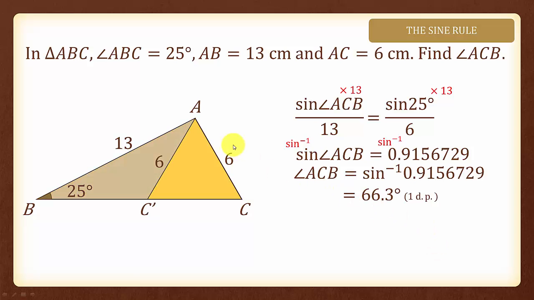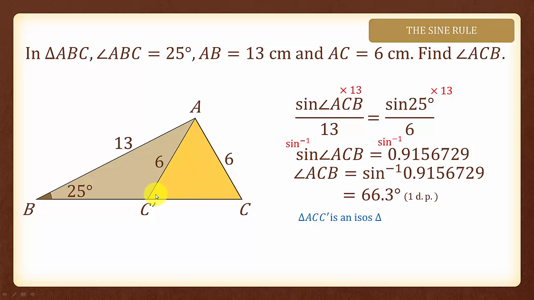Now, let's look at another triangle AC'B, whereby the angle ABC is 25 degrees, AB equals to 13 cm, and AC' equals to 6 cm as well. You notice that triangle ACC' is actually an isosceles triangle. What this means is that the angle here will be the same as the other angle here.